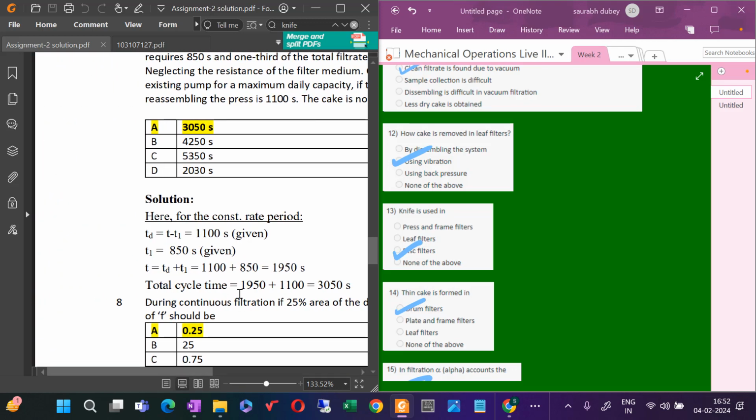And then the rest time, that was the TETC, was the 1100 that got added here. So 3050 becomes the answer for the question.